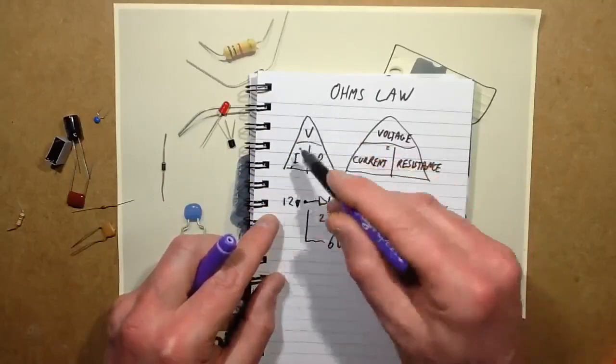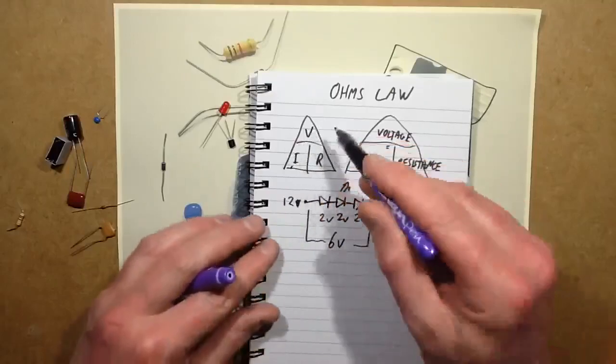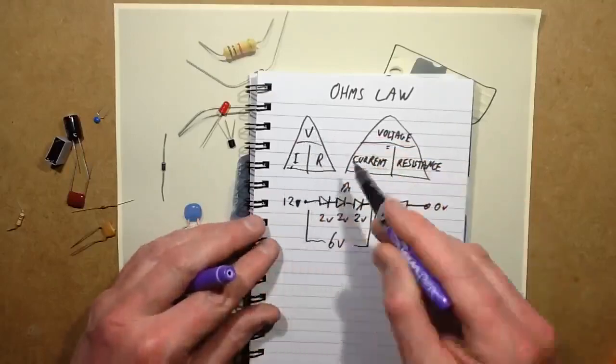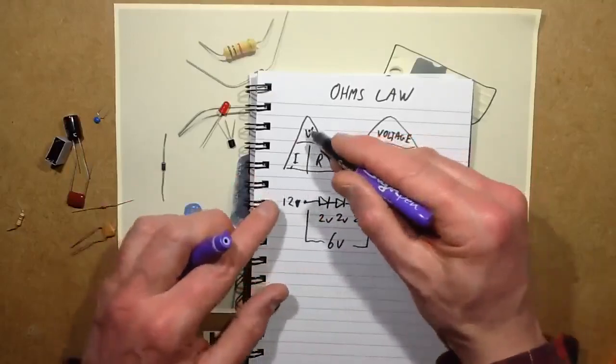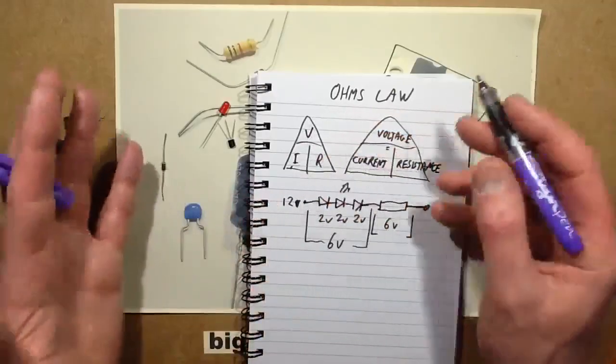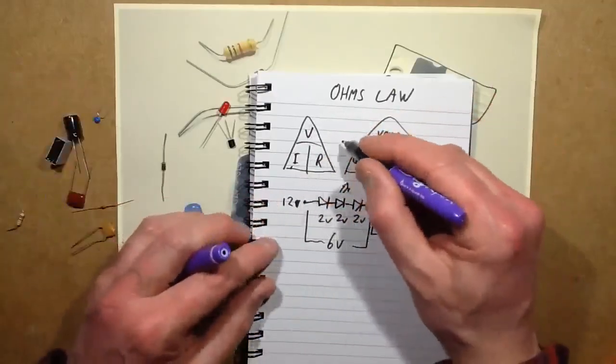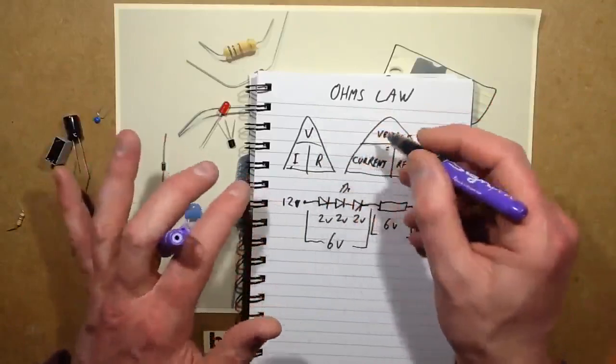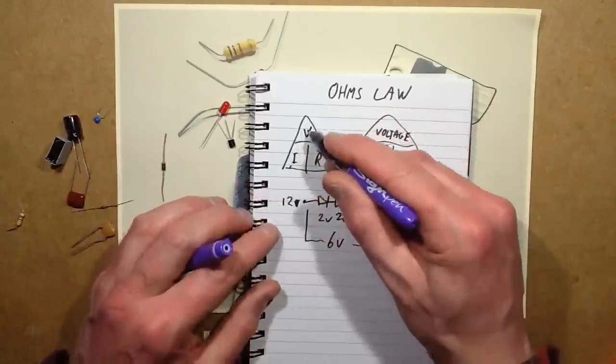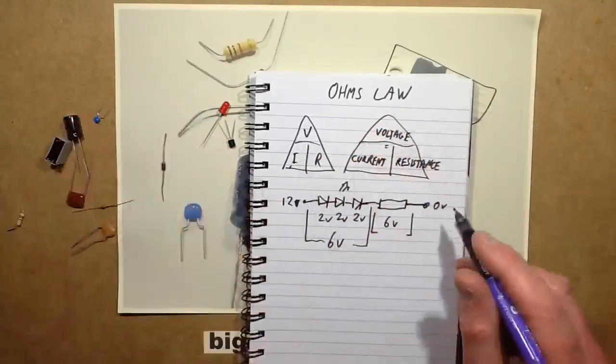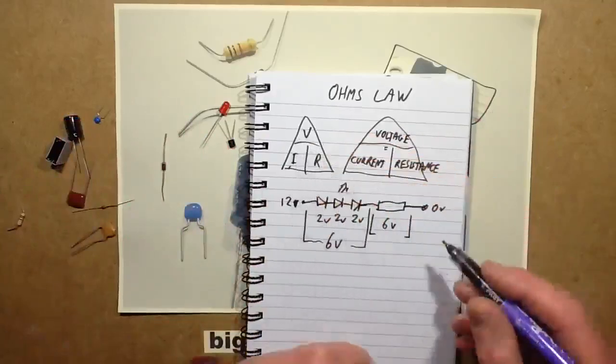That's why I've drawn in the triangle here. So voltage equals current times resistance, and for the other ones, you divide the one above it, much as you'd write it if you were actually doing the sort of mathematical formula. R equals V over I and I equals V over R. It's just an easy way to remember how they relate to each other.